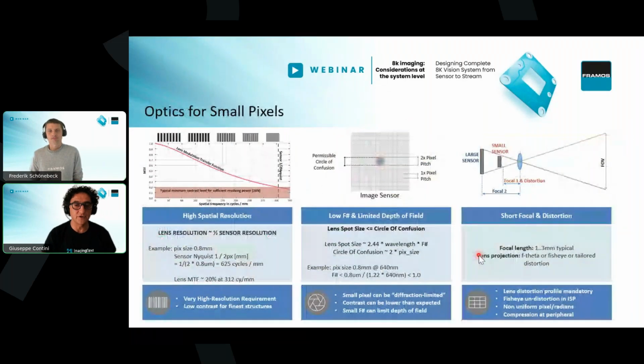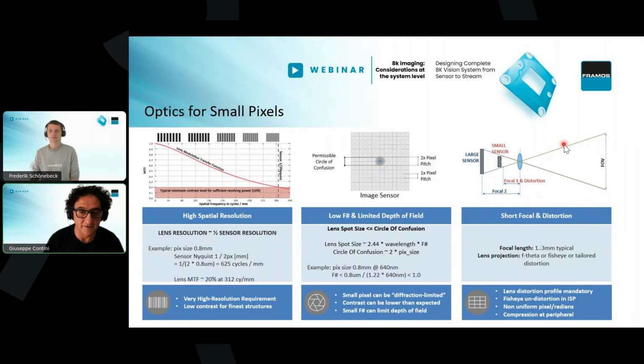I did not mention CRA, but this is an important thing to consider. So let me use this drawing here. Most of the time, these sensors are designed with wide CRA because they are designed to stay very close to the lens, like in mobile phone applications, where you have a very compact design.